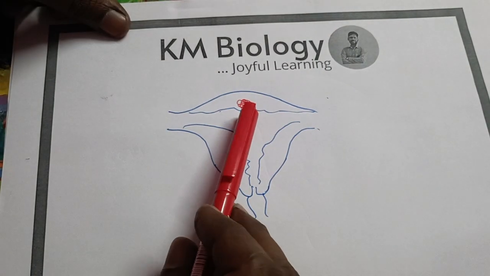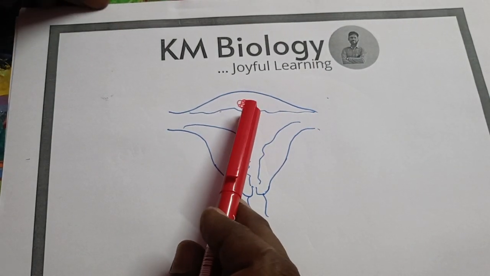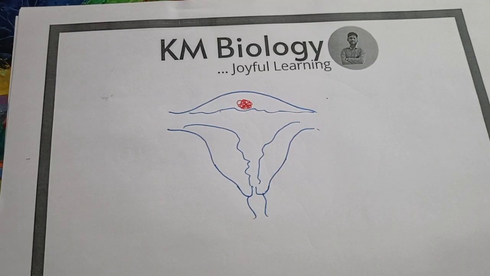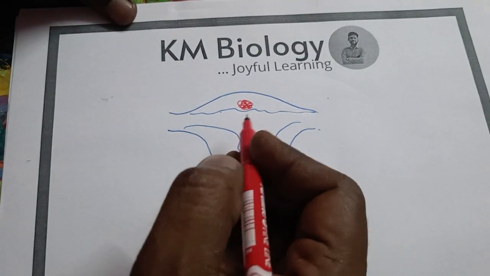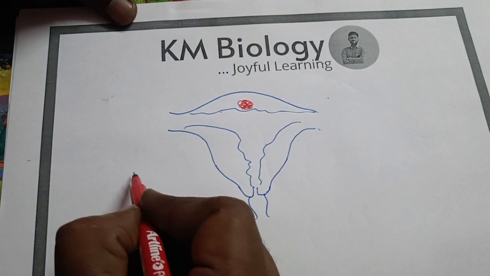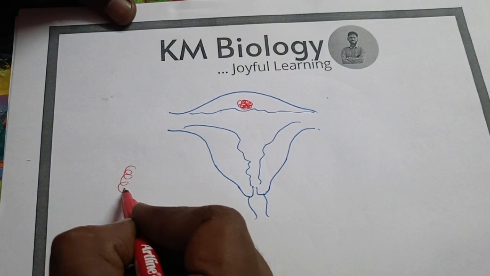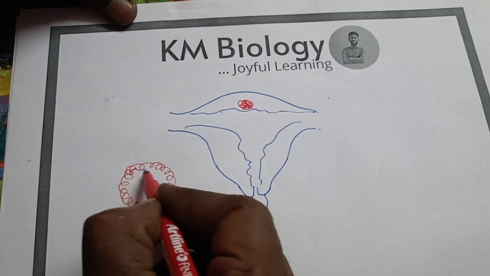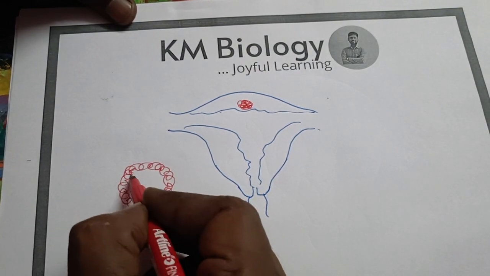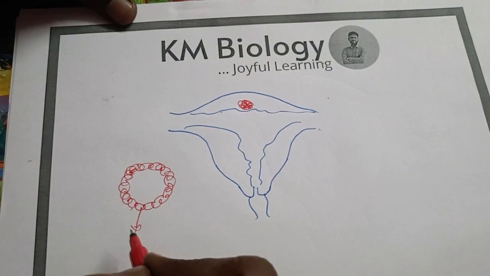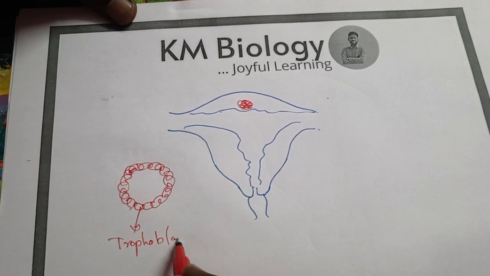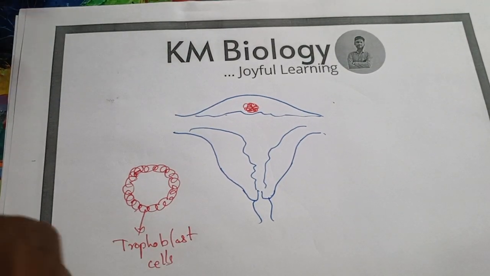Once the blastocyst is embedded in the endometrium, the cells in this embryo are organized into two different layers. The outermost layer is called trophoblast, or we can say trophoblast cells.